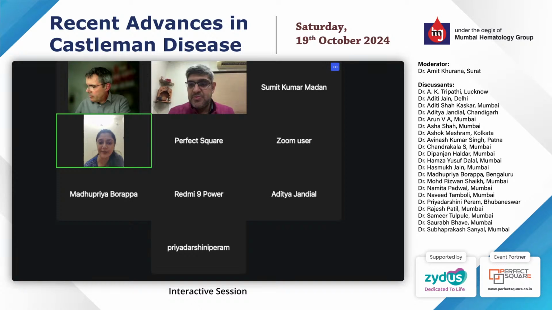And from that biopsy, we've got a diagnosis of hyaline vascular Castleman disease. I'm still waiting on my investigations, which include all the general investigations which are to be done. So I'm not sure, but at least it should be a multicentric type. He's otherwise stable, so maybe IMCD type, although my HHV8 serology is still awaited.